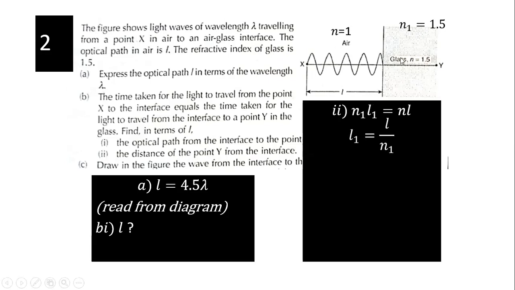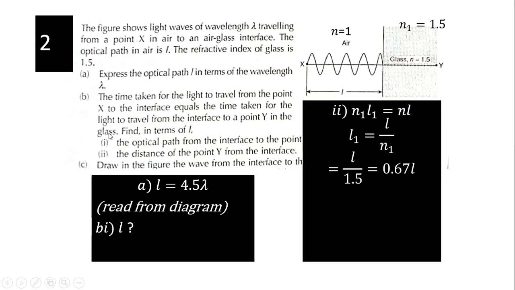They want L1 in here. Okay, 0.67 L, correct. So the first one, I think, is supposed to be the optical path in air. That's why they give the answer as L. So that's the mistake there.